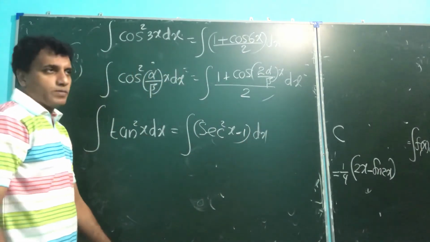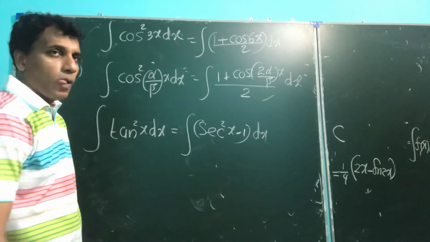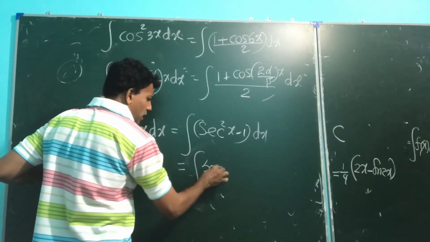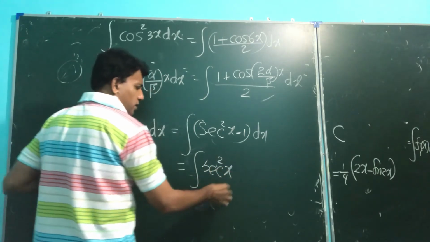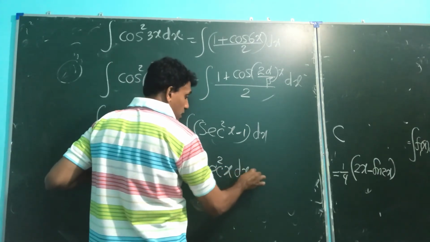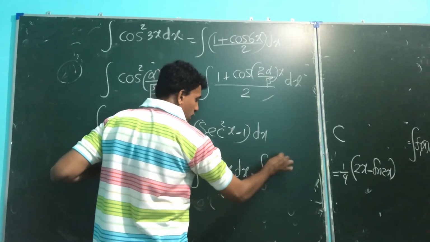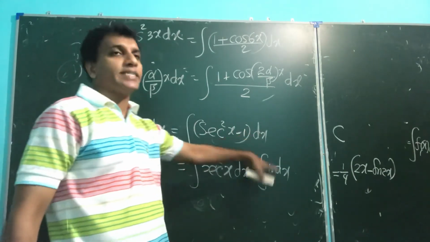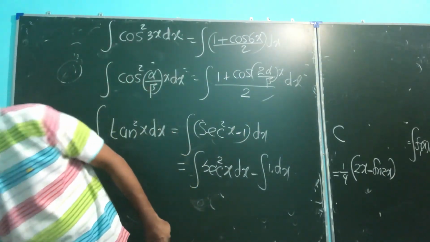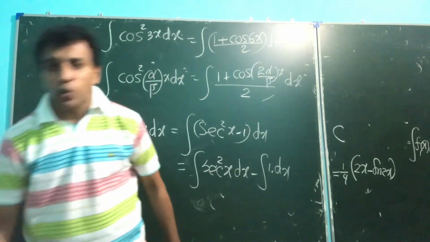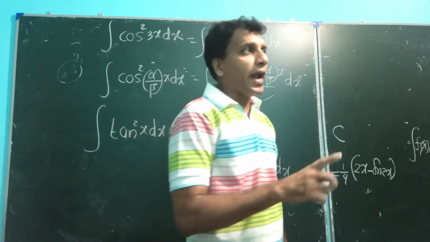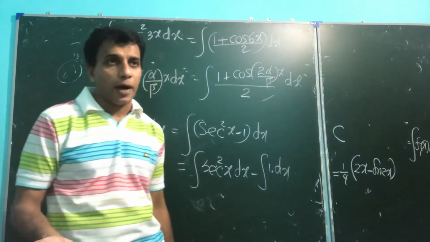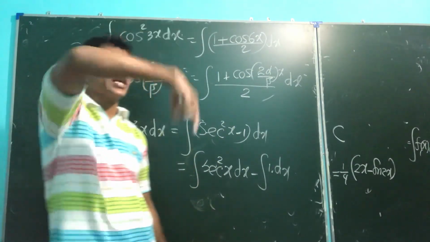That's the method. If I want, I can show the integral separately. I mentioned this morning the rules and properties of integration. Integral of sec square and integral of 1. What is the integration of sec square? The differentiation of tan is sec square, therefore the integration of sec square is tan x.